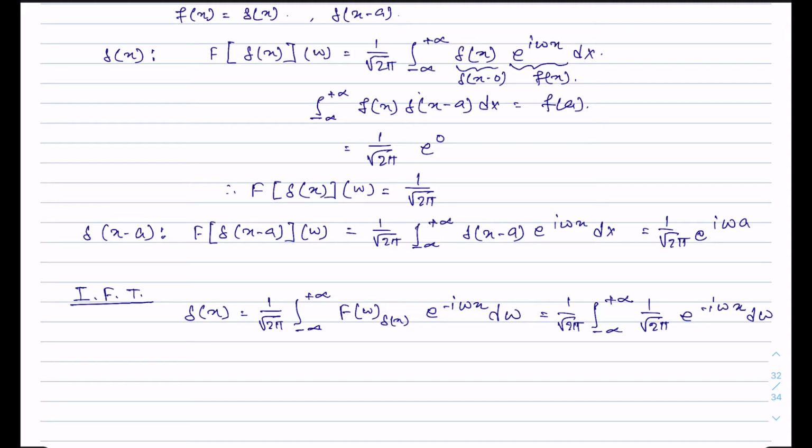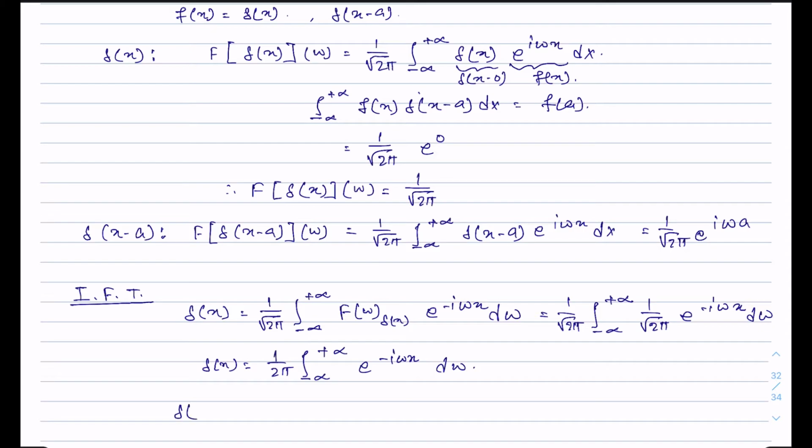This is the exponential representation of the delta function, which we have already seen.